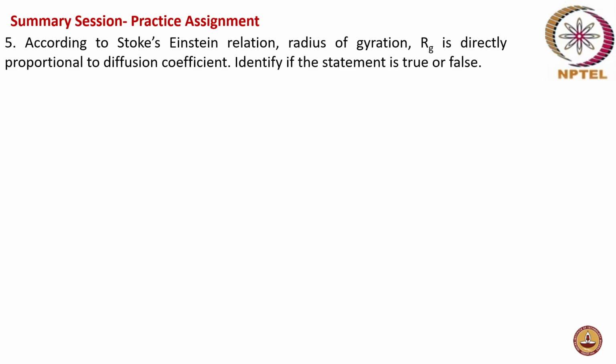Just give it a try. What about you, Revati? Do you feel the statement is true? Not sure. Okay, it's actually false. So your Stokes-Einstein relation is that the diffusion coefficient is inversely proportional to your radius of gyration.